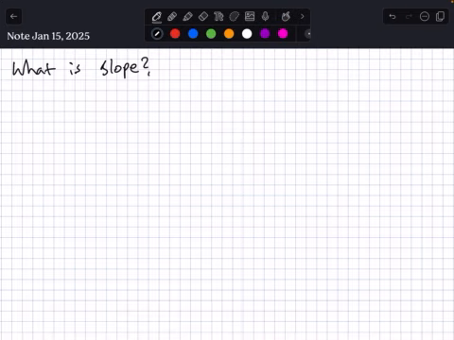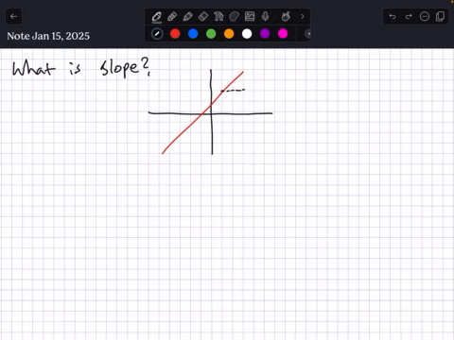Graphically, imagine we have a graph that looks like this. The slope is the amount y changes whenever you change x. So imagine you go across 1, 2.